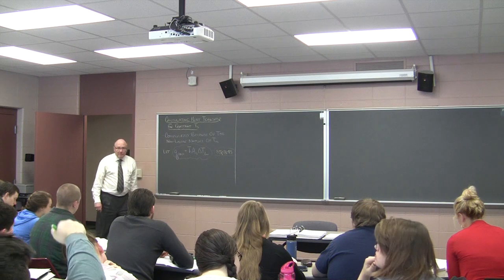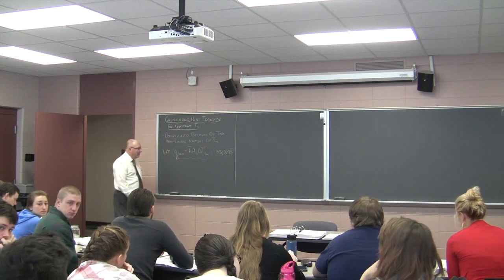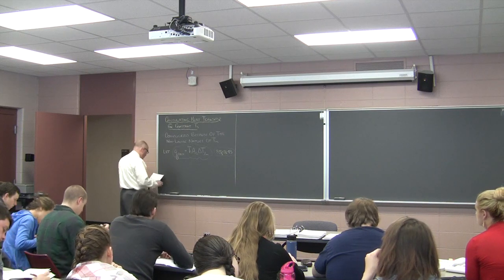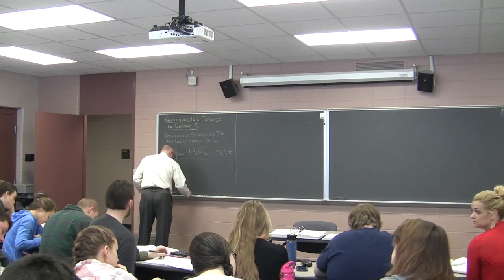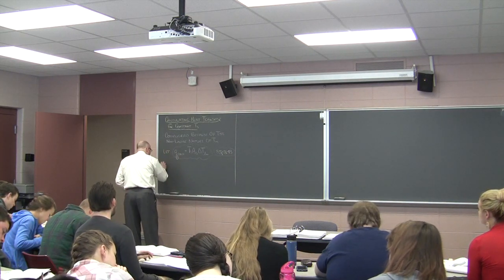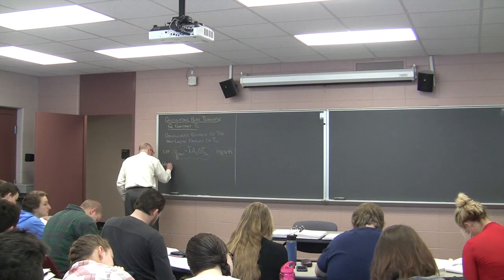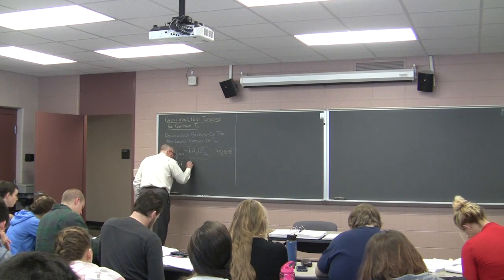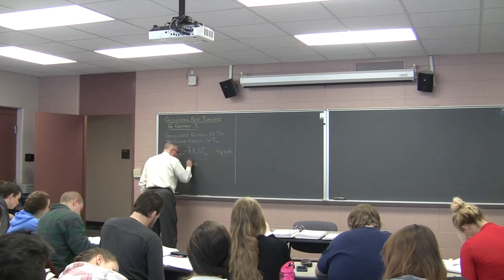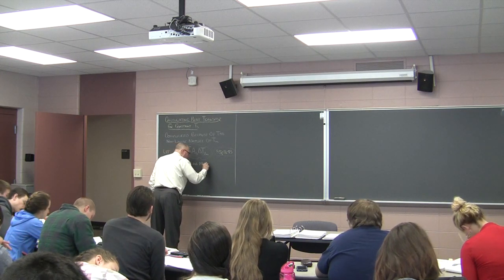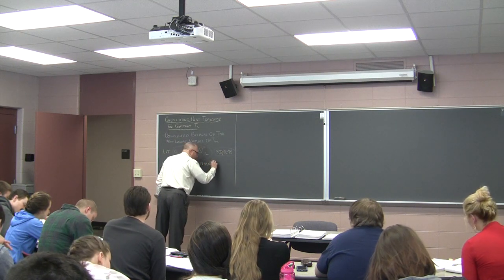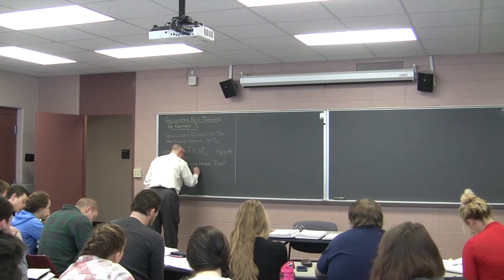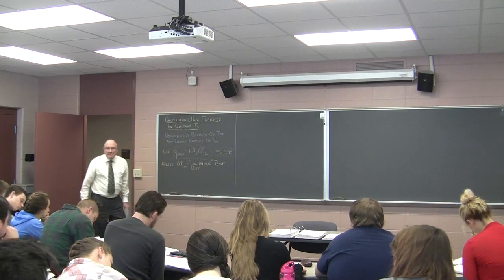Yes, Austin? I was just wondering what that subscript was, but you said it. Lm, log mean. Okay? And where delta T Lm equals the log mean temperature difference. Okay?